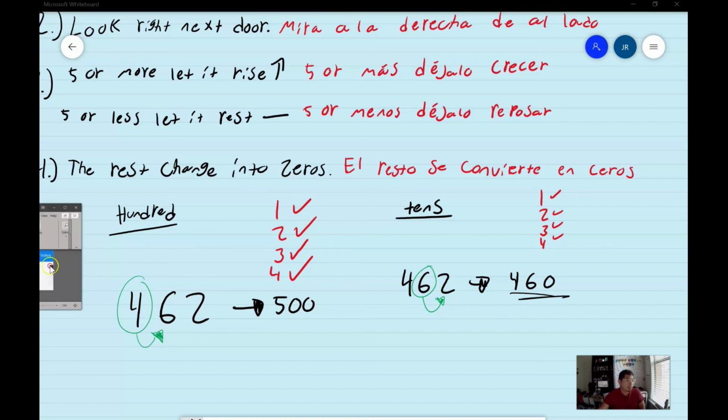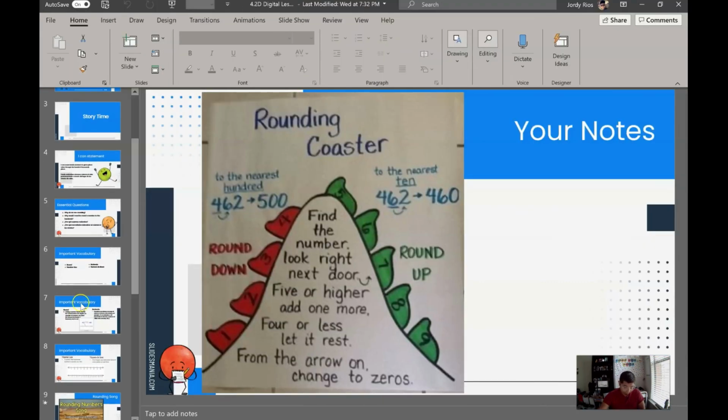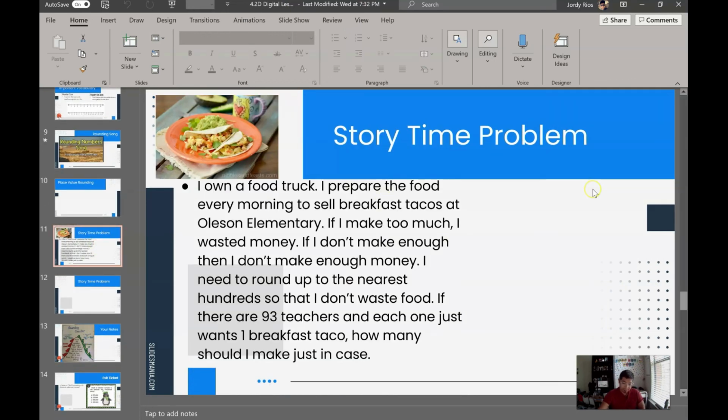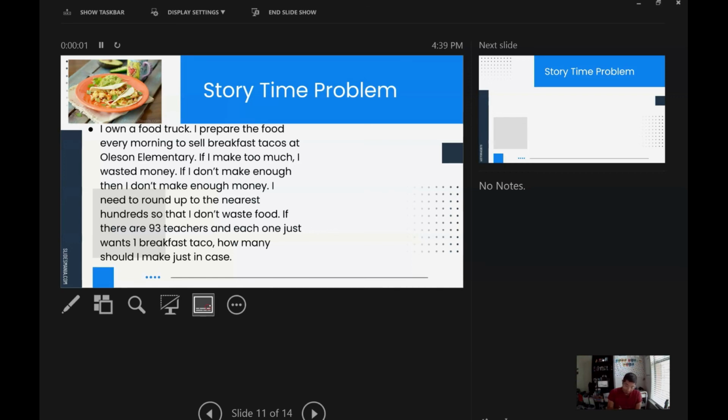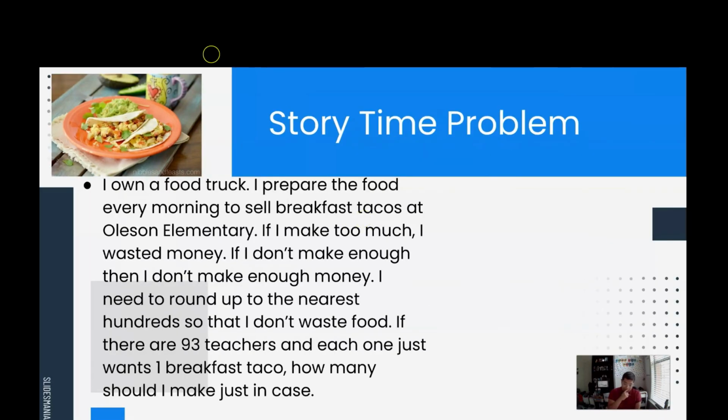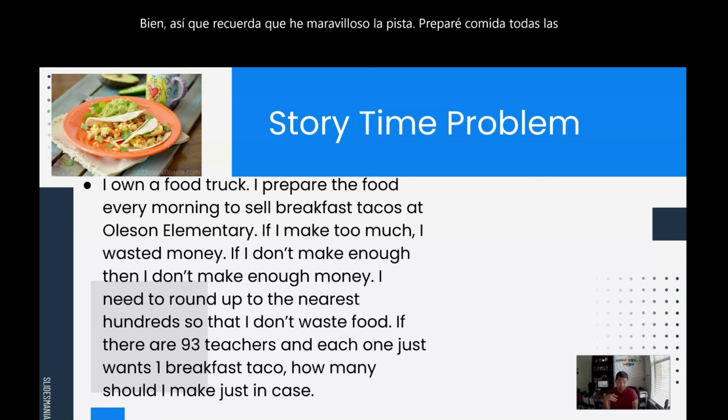So now let's look at our story. Okay? Remember, I own a food truck. I prepare the food every morning to sell breakfast tacos at Olsen Elementary.